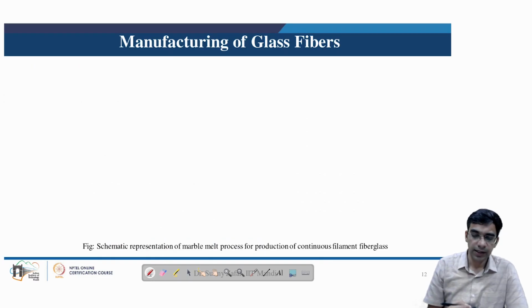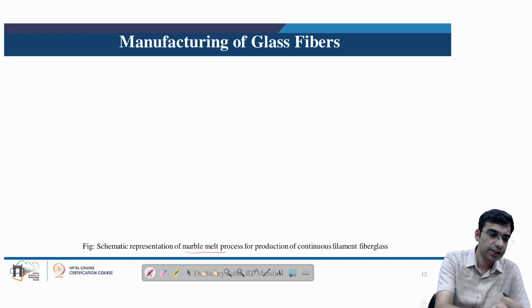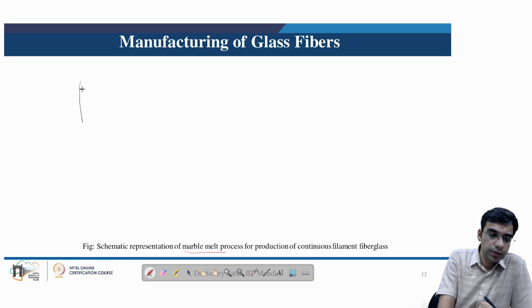So we will schematically see how the process used to manufacture the glass fiber is executed, and this process is originally known as the marble melt process. In the marble melt process, the process starts with the raw material storage. So we have a raw material storage here.